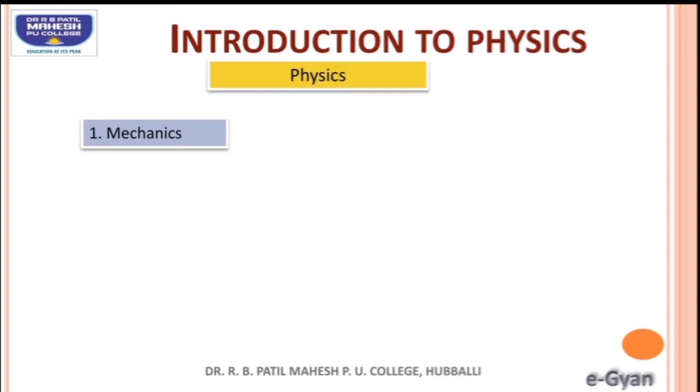It is again subdivided into statics. It is the branch of physics which deals with the properties of bodies at rest. Second one, dynamics. It deals with the motion of the bodies. It includes linear motion, rotatory motion, and oscillatory motion.